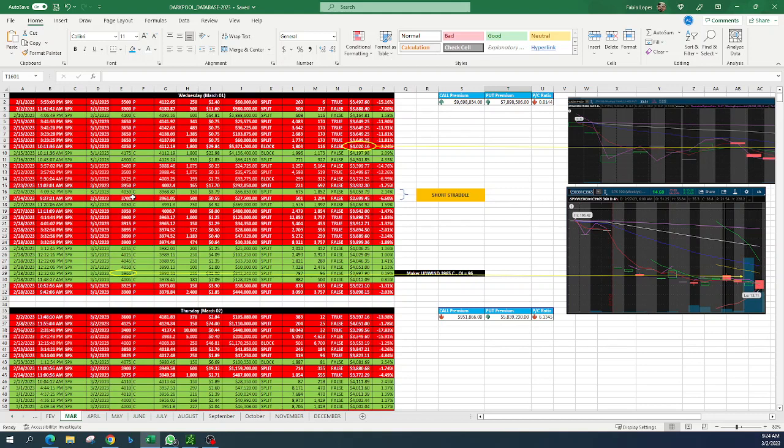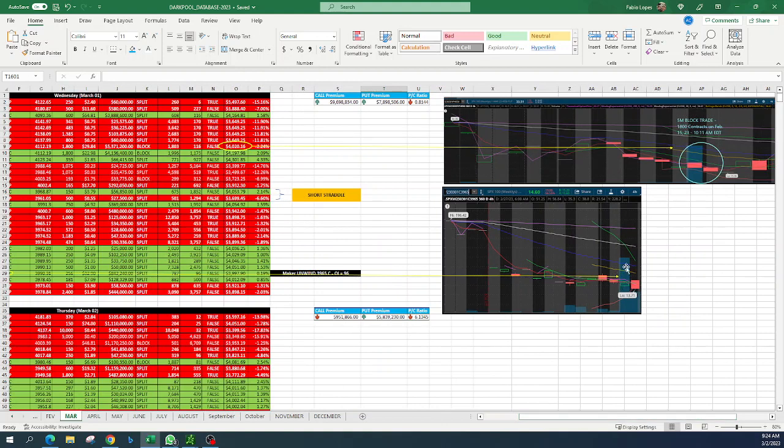I saw a lot of people talking about buying 4K calls, but the book shows us an unwind at 3,965. How did I identify that? First of all, I look at the volume, and then I go to the book and check price action, open interest, and implied volatility.